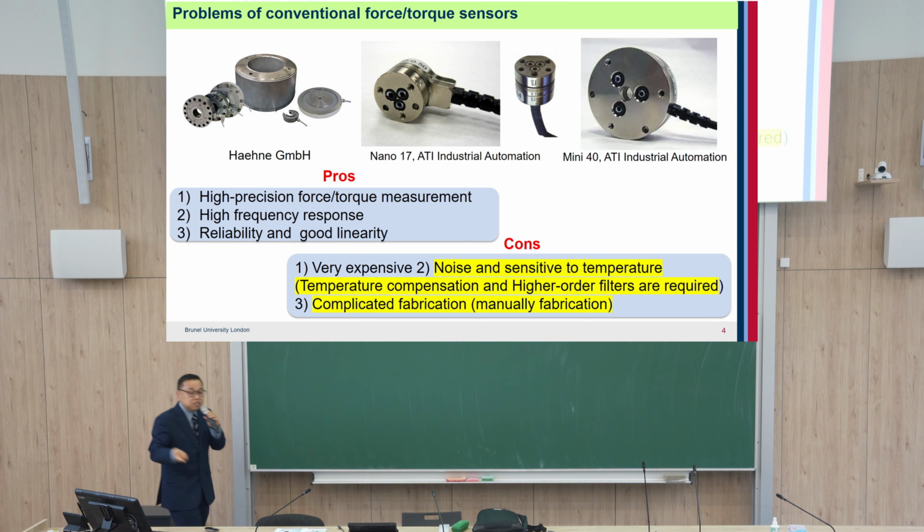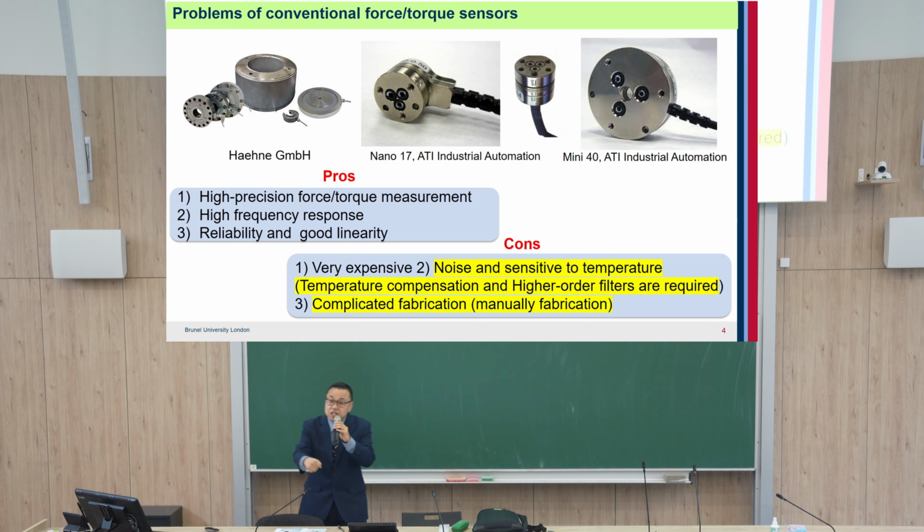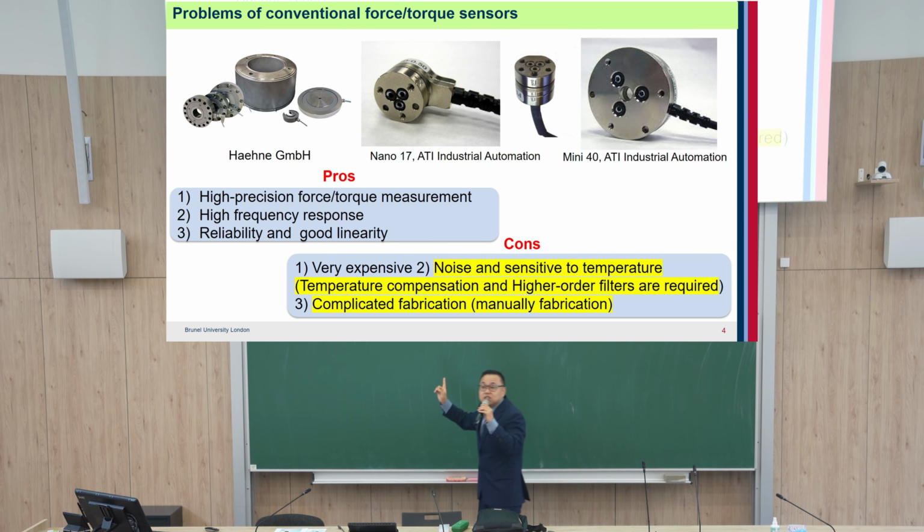High frequency response means that when the robot applies a 1 kilohertz input, the strain gauge responds to this 1000 hertz input. Most sensors cannot guarantee more than 1 kilohertz.